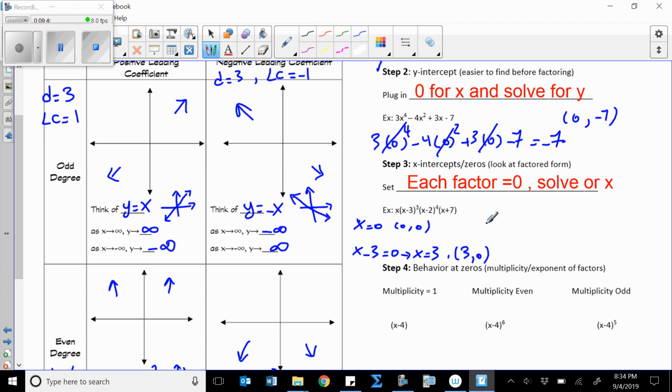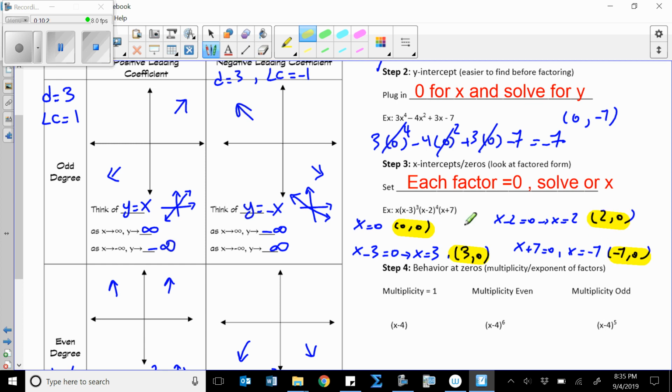The next factor is x minus 2. x minus 2 equal to 0, then x will be equal to 2, and 2 and 0 is my next x-intercept. Then x plus 7 equal to 0. x will be negative 7, and negative 7 and 0 is another x-intercept. So here I have 4 x-intercepts. All these are my x-intercepts.